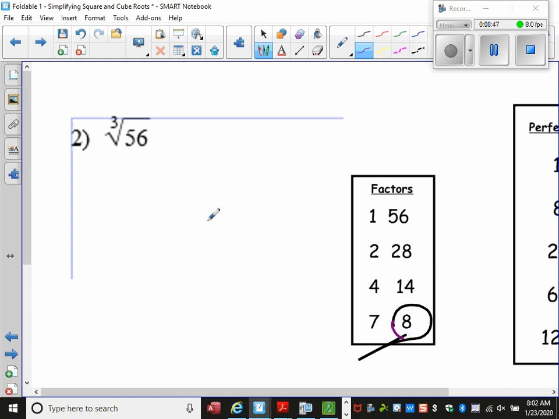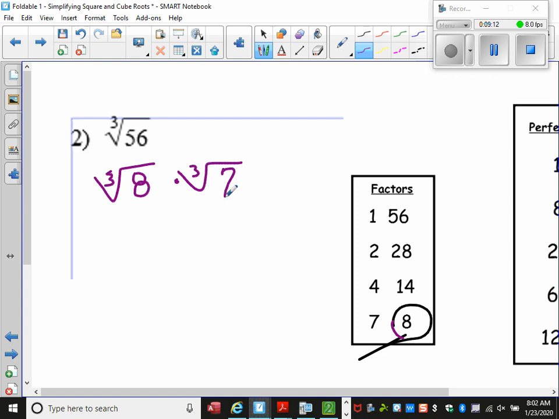When you break down the factors of 56, because we're talking about cube root, not square roots, we're going to say the cube root of 8 times the cube root of 7.